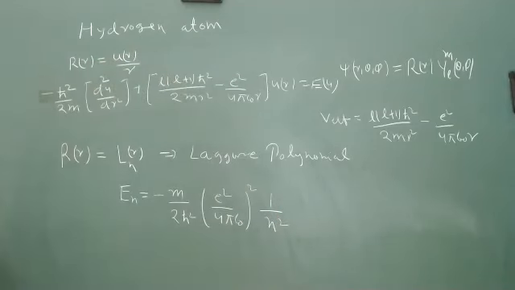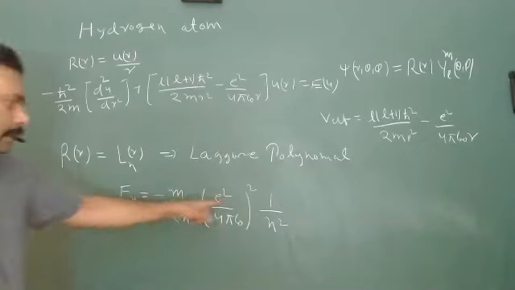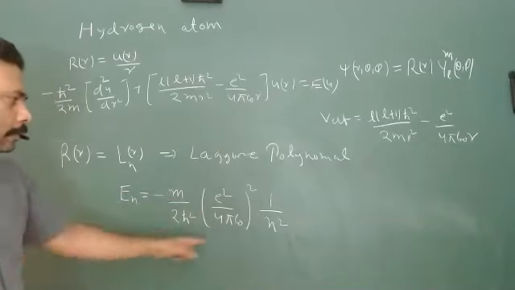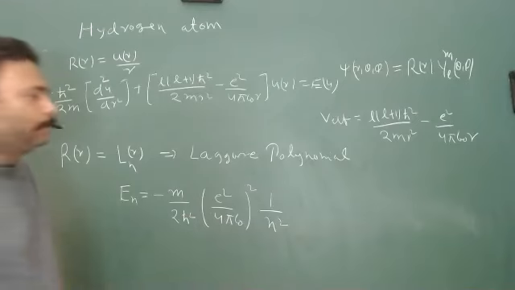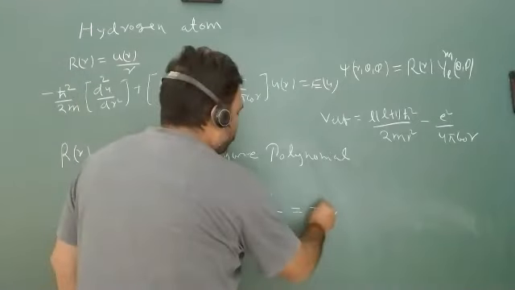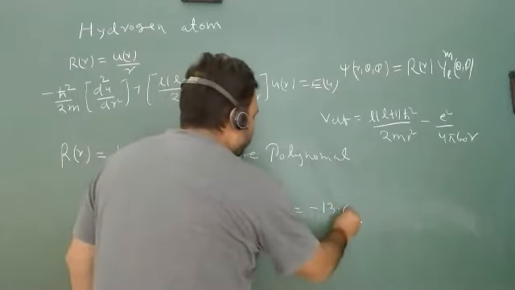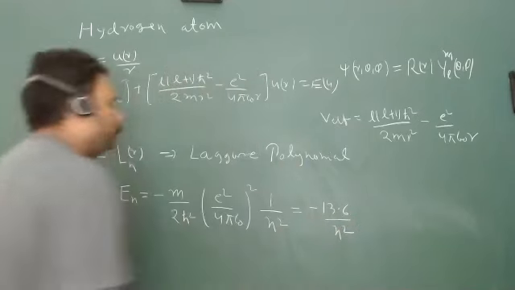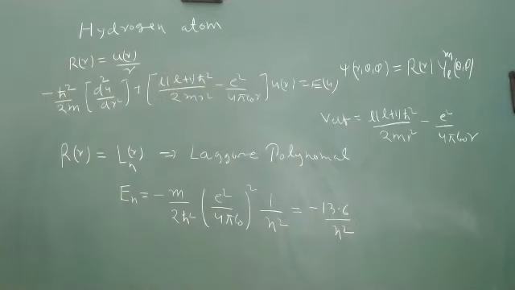Here m is the mass of the electron and e is the charge of the electron. When you calculate all this, you will get the energy as minus 13.6 upon n square. So this is the radial part of the wave function, and this is all about your energy.